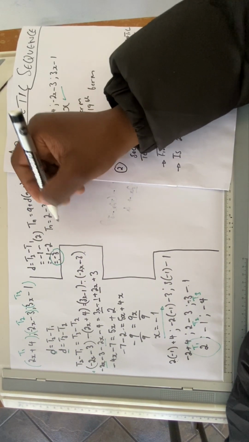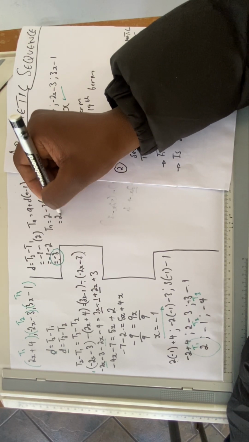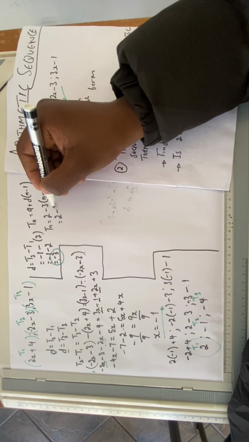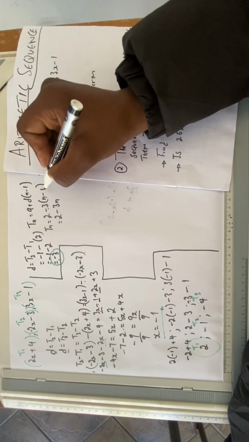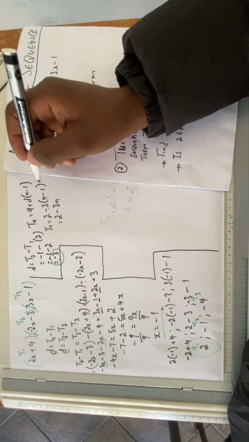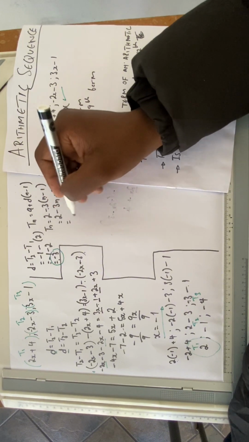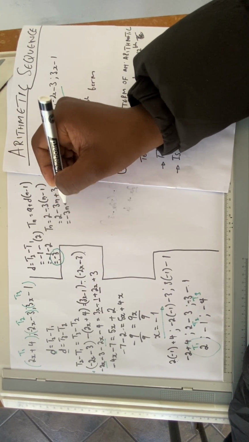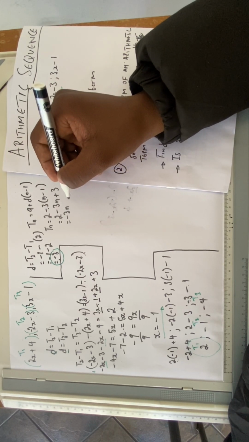So with this being what I have, I'm going to break the bracket with whatever is in front of the bracket. I'm going to be having 2, negative 3 multiplied by n, which gives me negative 3n. Negative 3 multiplied by negative 1 will give me a positive 3. Then these ones are going to give me what?